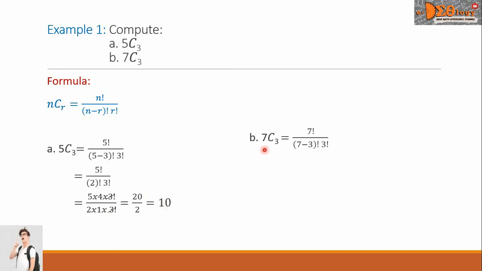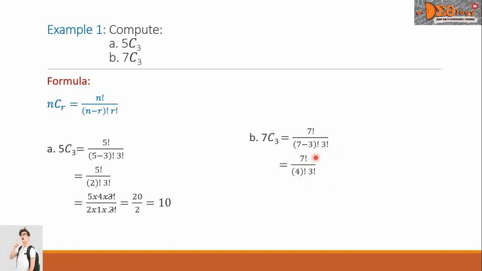7 items taken 3 at a time. This is equal to 7 factorial over (7 minus 3) factorial times 3 factorial. Let us simplify. The 7 minus 3 will give us 4, and then let us simplify the respective factorials.